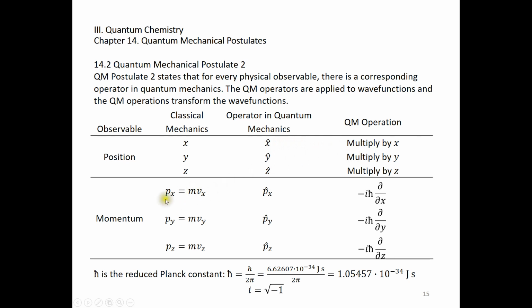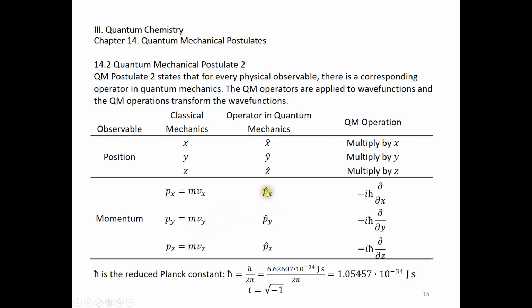Momentum is another physical observable. In classical mechanics, we have P equals mv, or P sub x equals mv sub x in the x direction. We have similar equations for the momentum in the y direction and z direction. Correspondingly, we have quantum mechanical operators.